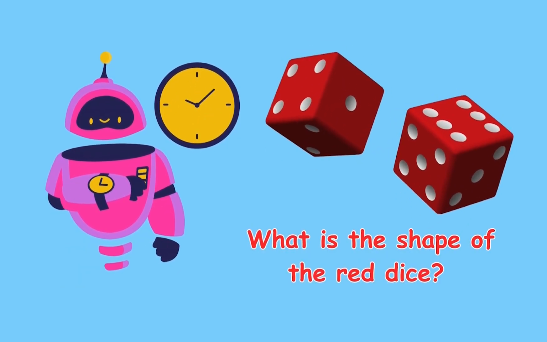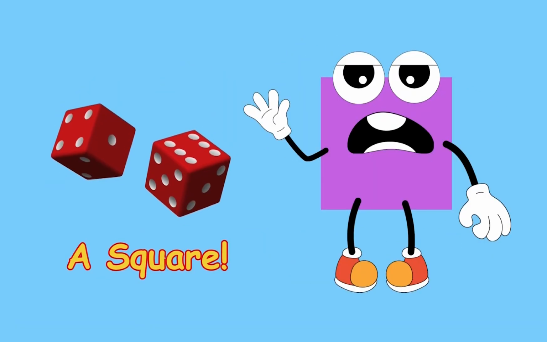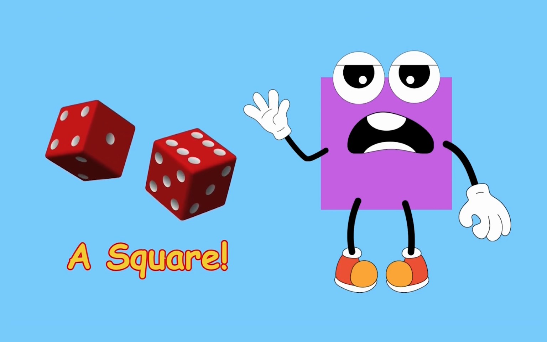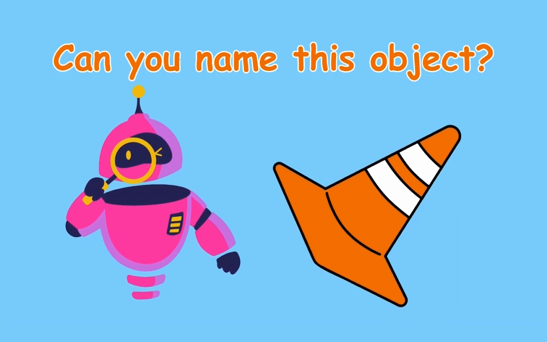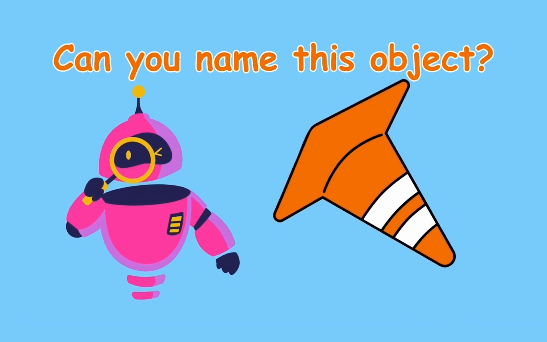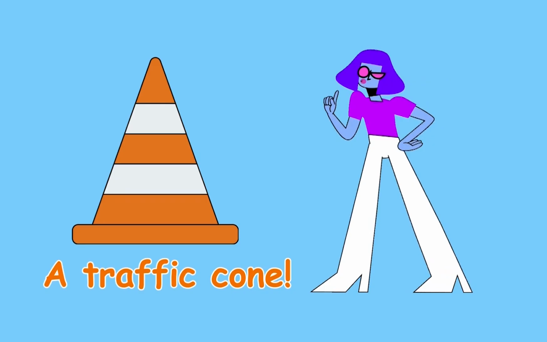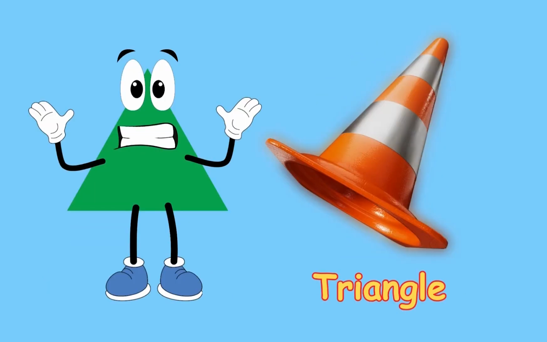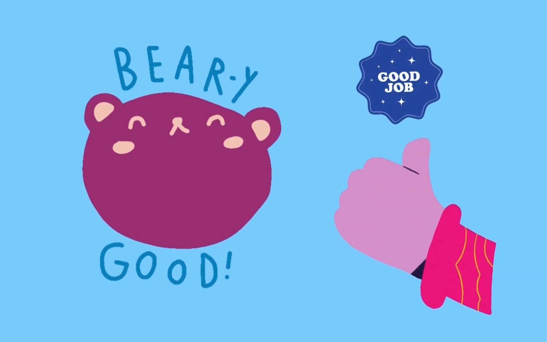What is the shape of the red dice? It is a square. Now, kids, can you name this object? It is a traffic cone. And a traffic cone is in a triangle shape. Very good, kids.